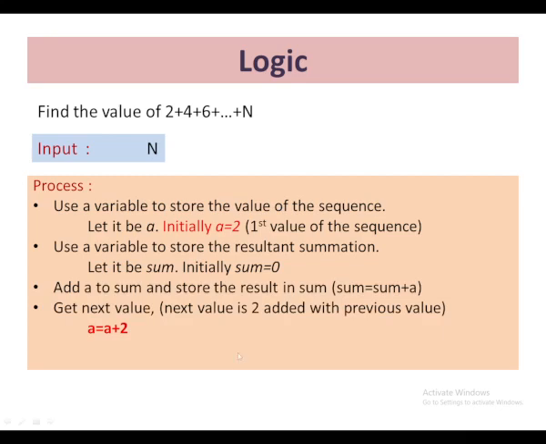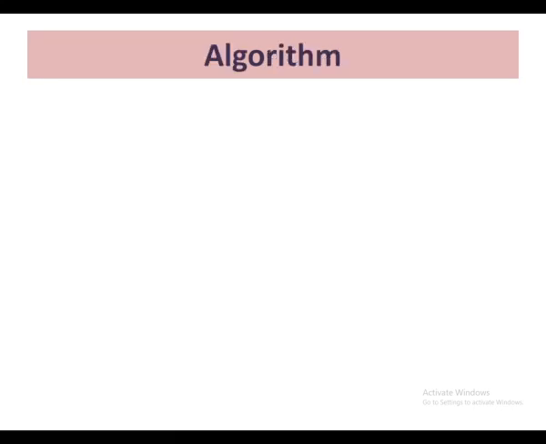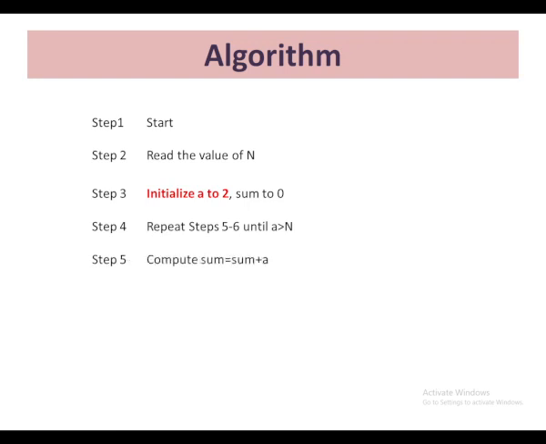Get the next value, that is a is equal to a plus 2, and you repeat these two steps until a is greater than n, and you get the output, which is stored in the variable sum. So what is the change in the algorithm? You read n and initialize a is equal to 2, and then repeat: increment a by 2, display the sum and stop.